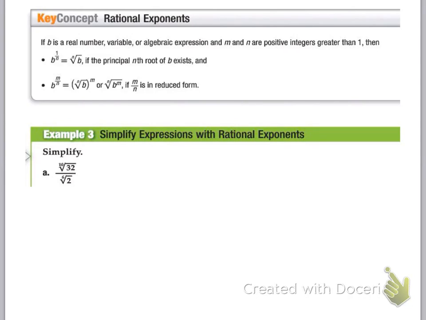And so you need to recognize that if I have some number that has a fractional exponent, I can use power of a power to my advantage one way or the other. Which means that I can do b to the 1 over n to the m power.